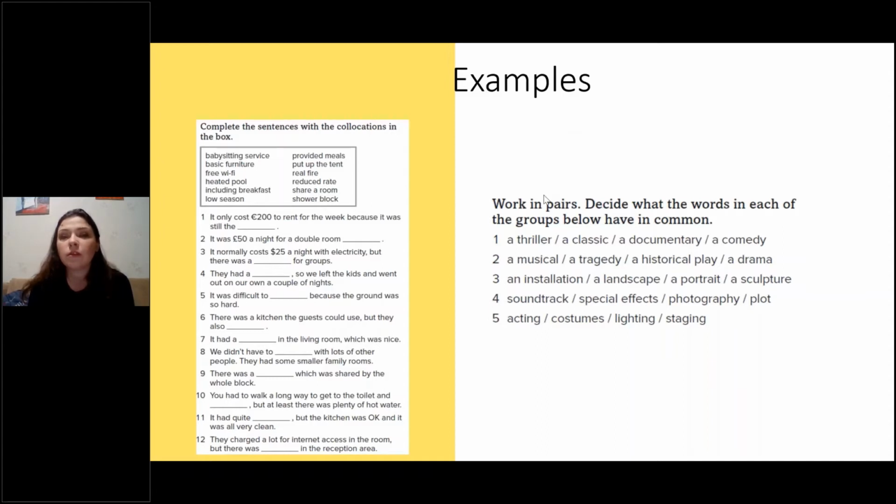Why do you think photography is here? The parts of the shooting process. Filmmaking process. Thank you very much.